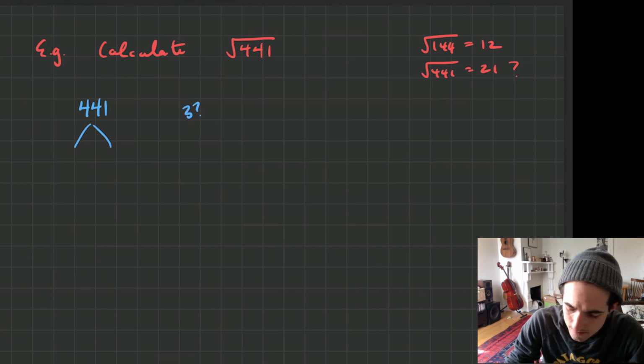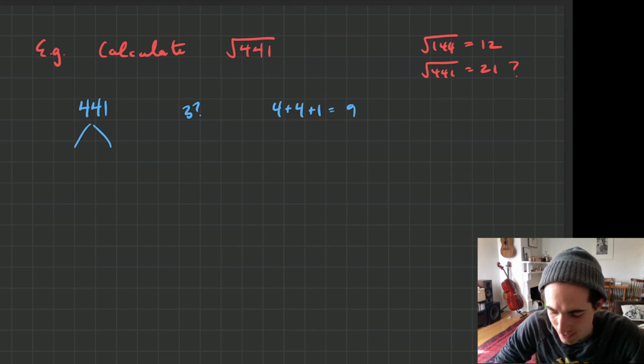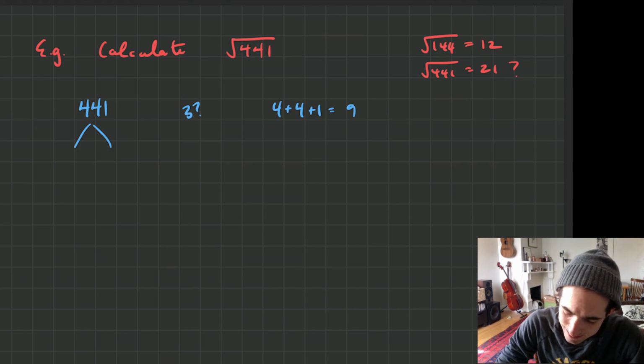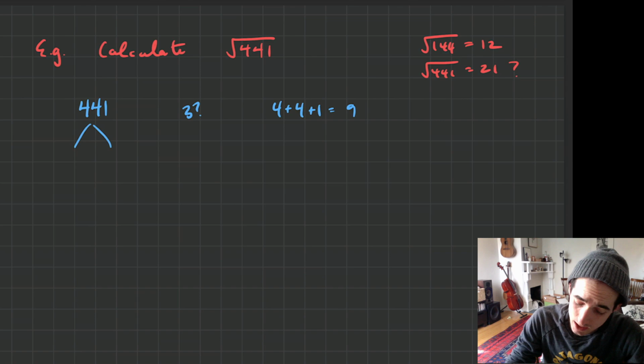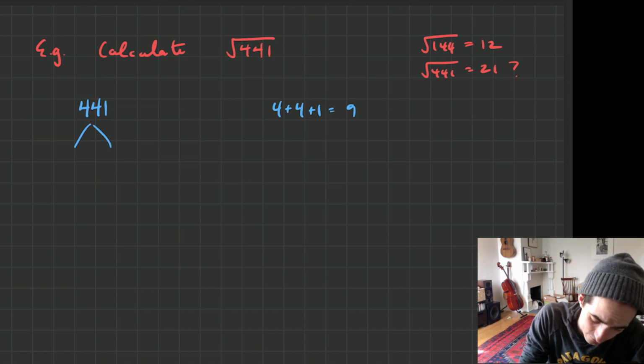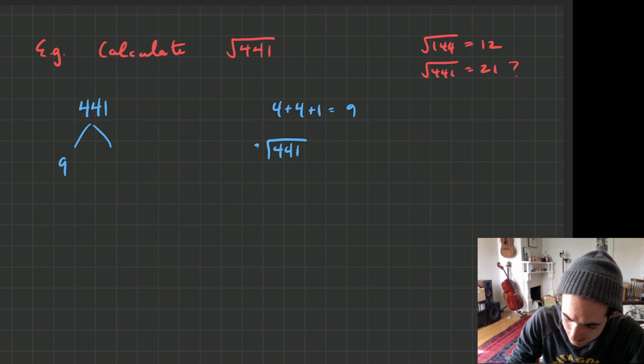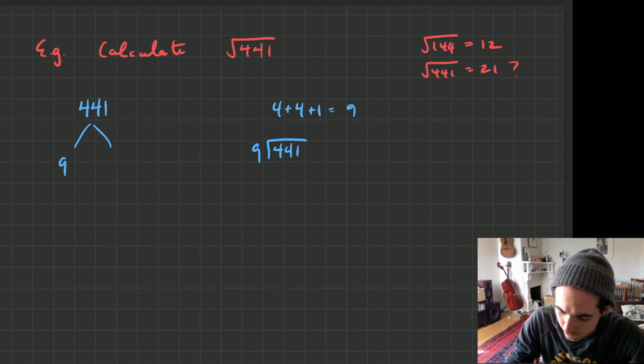Yes, it is, because 4 plus 4 plus 1 is 9, and 9 is divisible by 3. In fact, because of that, 441 is divisible by 9. So let's factor out a 9 and see what is left over. 441 divided by 9 is, well, 9 goes into 44, what is that?